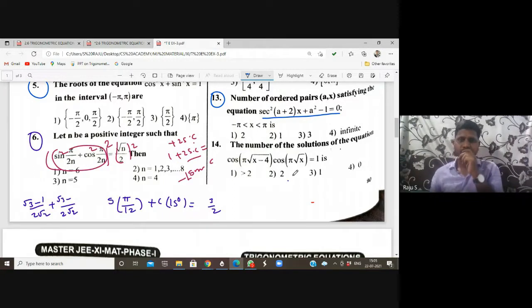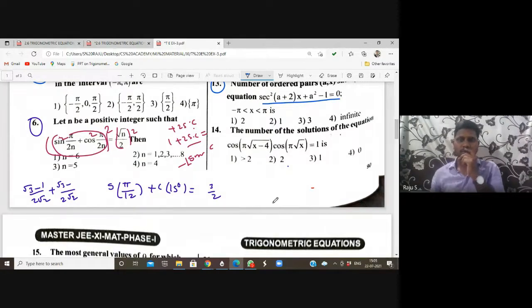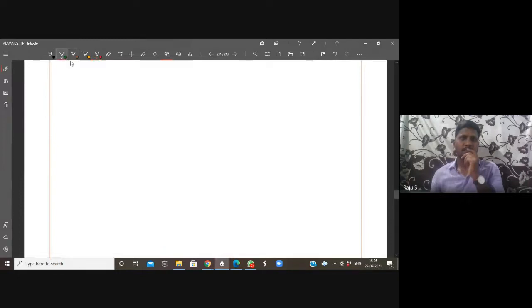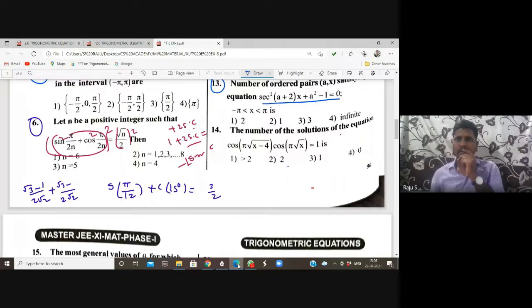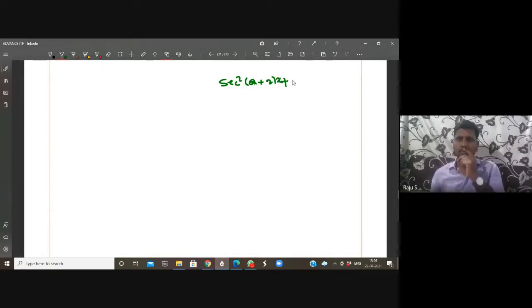I'm going to write the equation here: (a plus 2) into x plus a square, into secant square x minus 1, equal to 0, where x lies between minus 180 and 180. The number of ordered pairs we need to find.